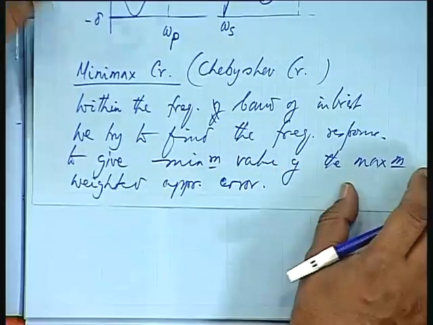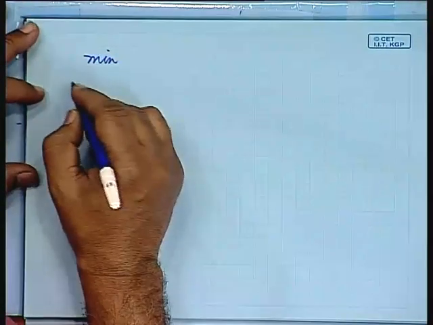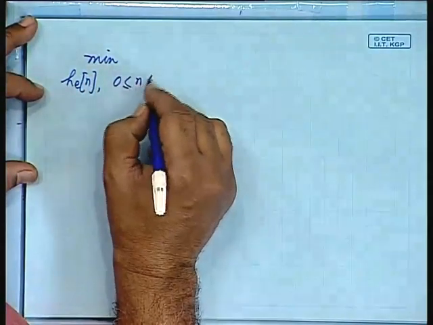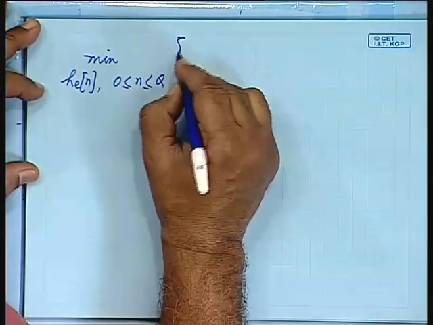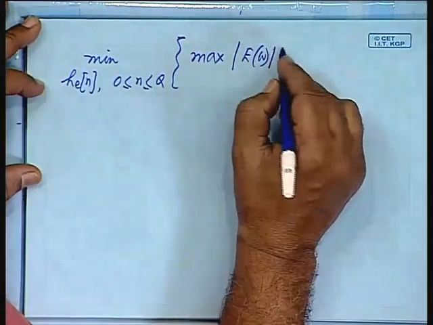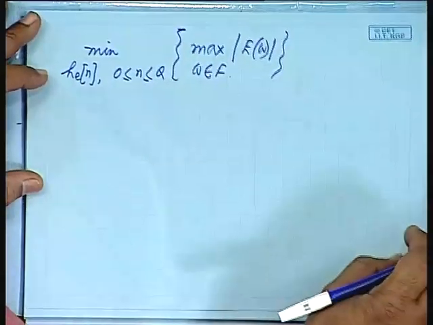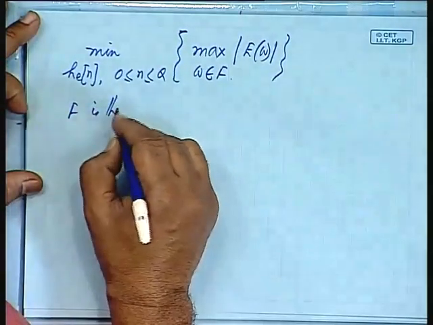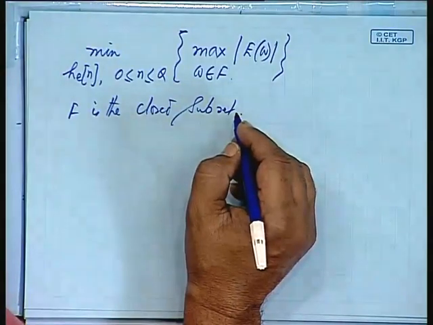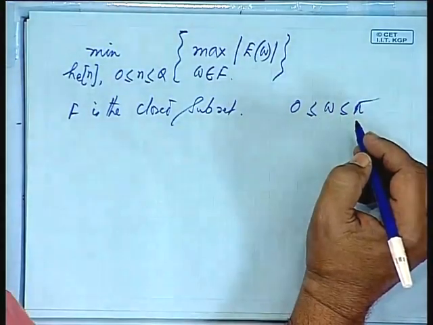Okay. So, let us see what it will be like, or mathematically we can write: minimize the maximum of E(omega), omega in this closed subset, F is the closed subset 0 to pi.